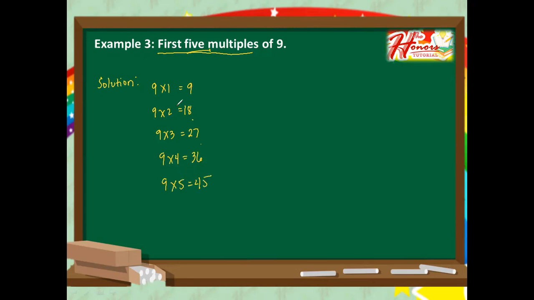So therefore, our answer will be 9, 18, 27, 36, and 45. These are the final answer for example number 3. First 5 multiples. We will not write an ellipsis here, the 3 dots that we did before.